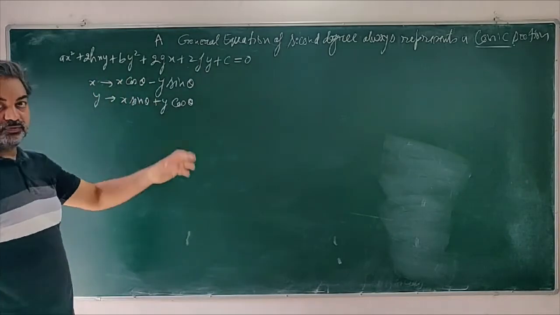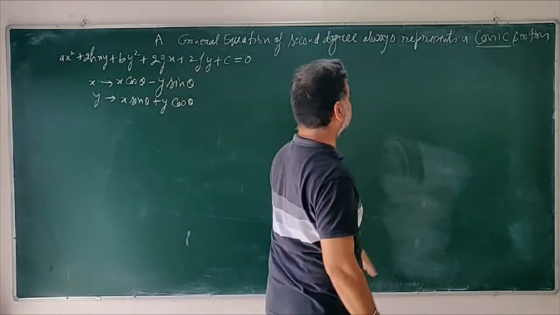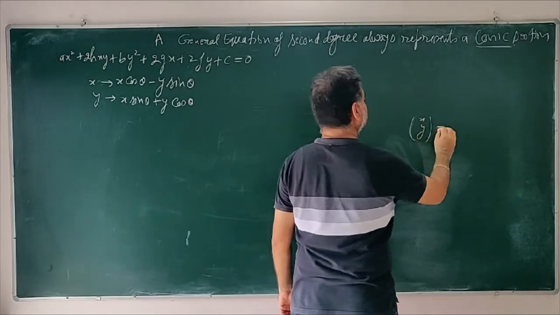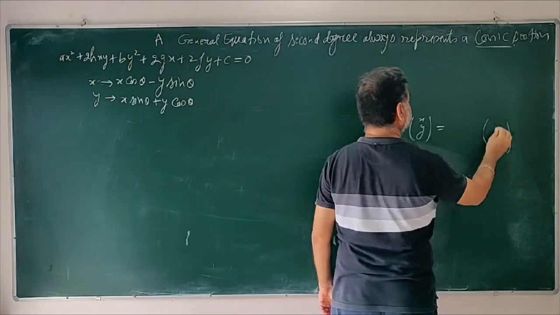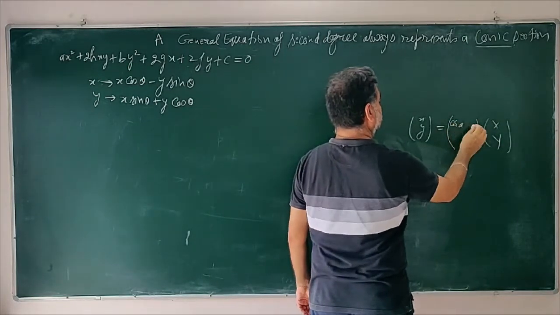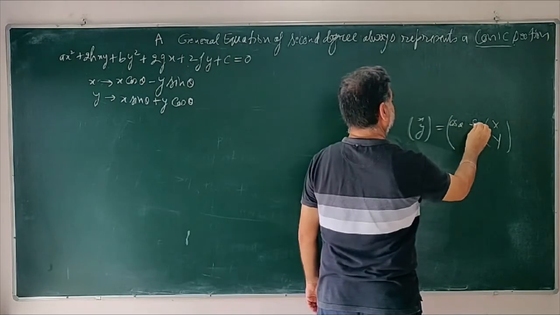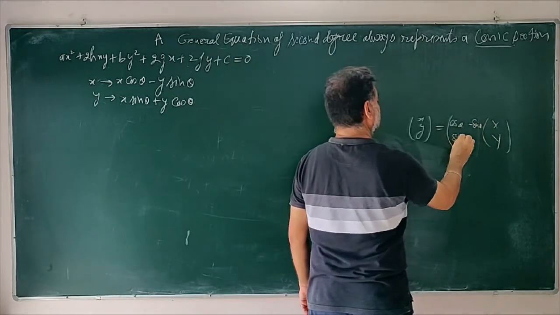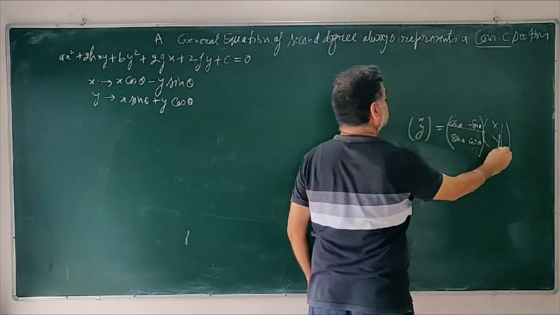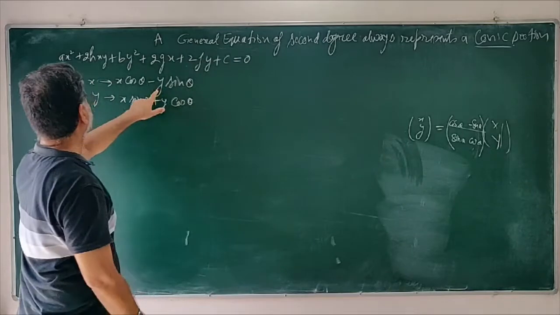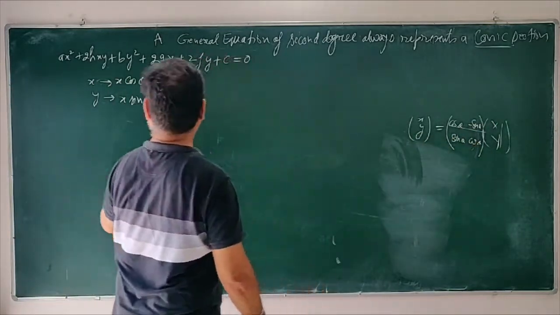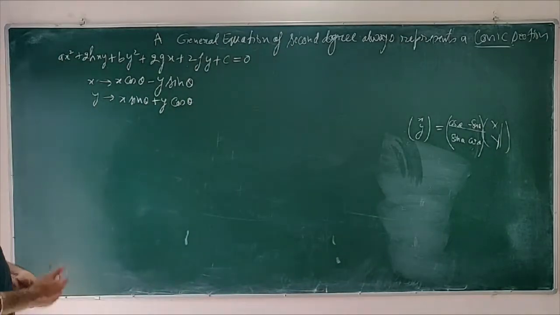We have already discussed how to rotate the axis. When you rotate the axis, the relation between old coordinates and new coordinates is given by this relation: the matrix cos theta, minus sin theta, sin theta, cos theta. So x cos theta minus y sin theta is equal to x, and x sin theta plus y cos theta is equal to y.